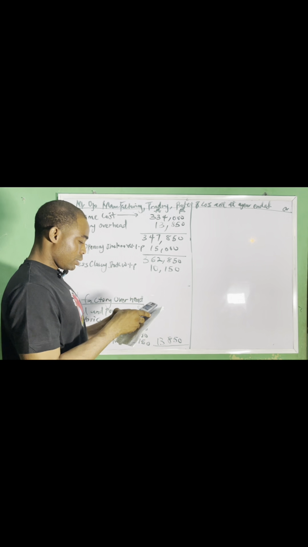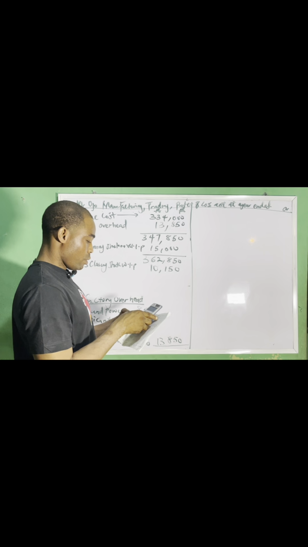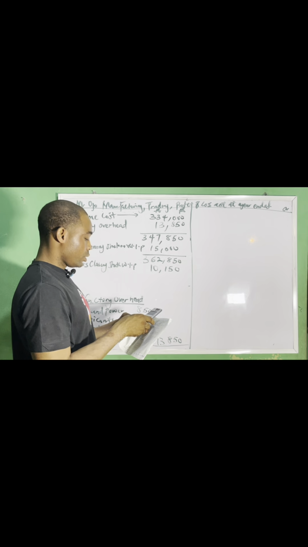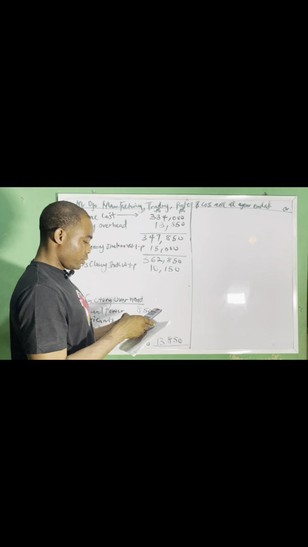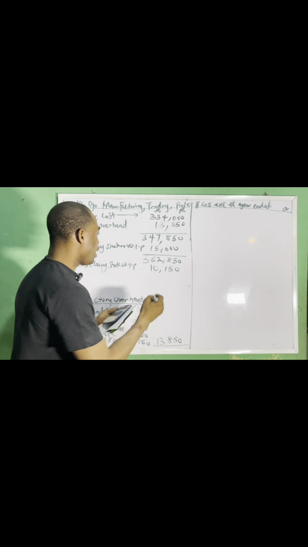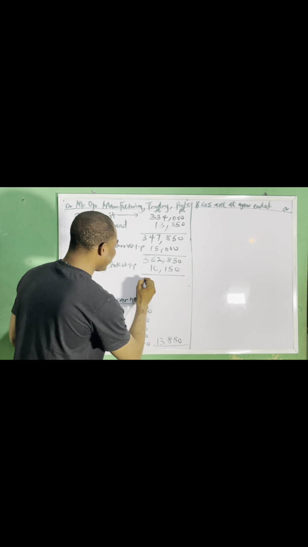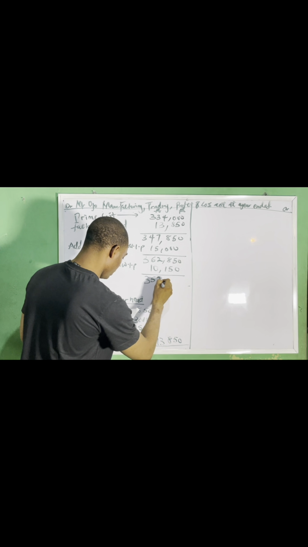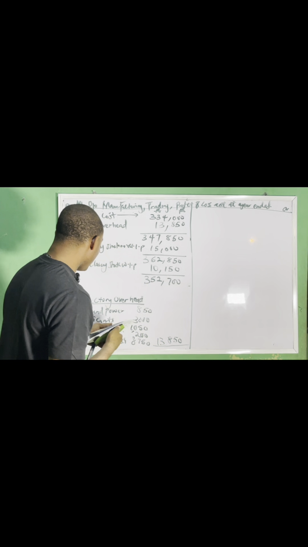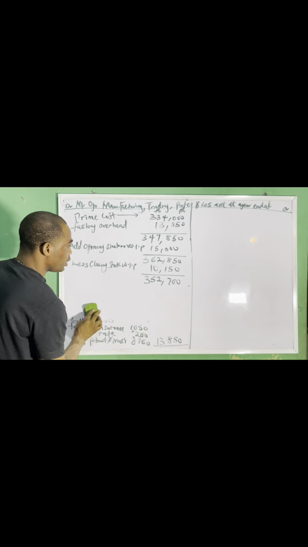Let's subtract it. 362,850 minus 10,150. So we have 352,700. You can see that manufacturing accounts involve big amounts.